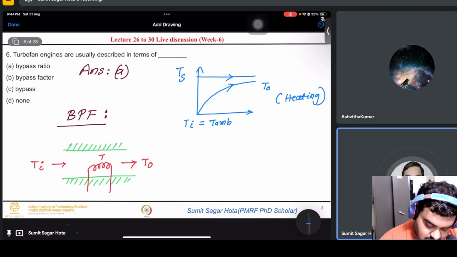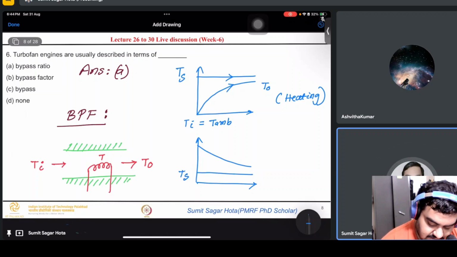So in the same way, if there is a cooling, the Ti will be higher and Ts will be less, and the temperature is going to decrease.